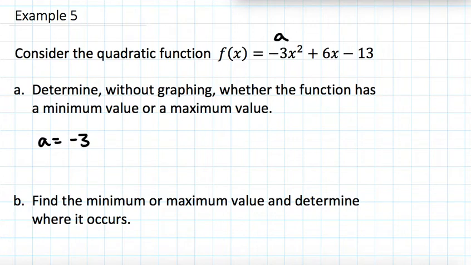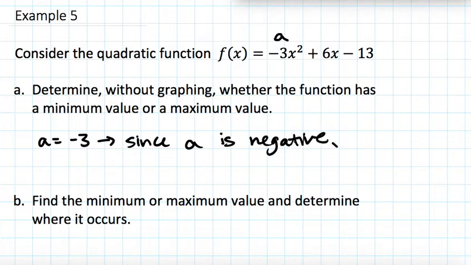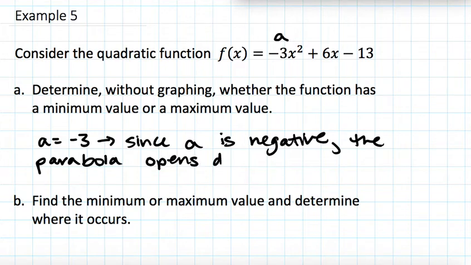So that means that it's negative, and that means that the parabola opens down. And since the parabola opens down, that tells me that it's going to have a maximum value, because the vertex is going to be the highest point on the parabola.